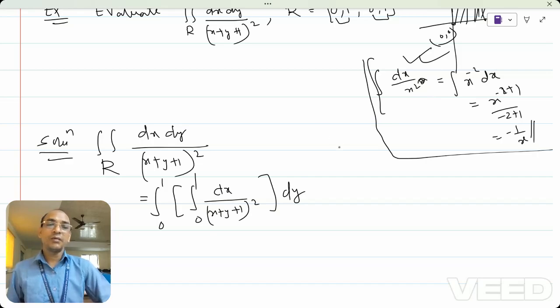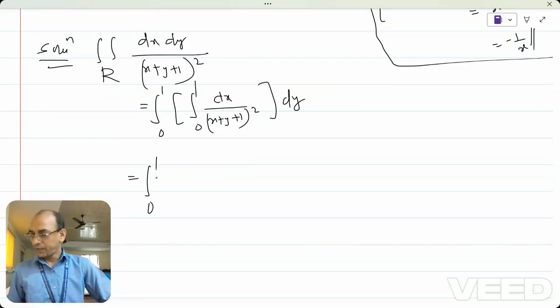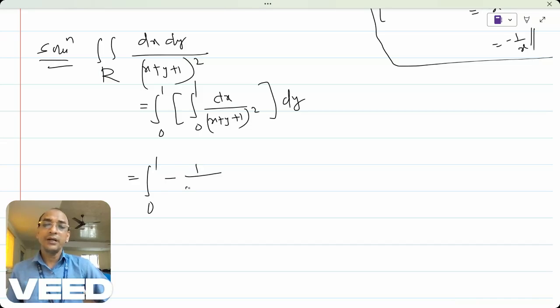In place of x I have (x plus y plus 1) whole square. So what is the integration of that one? That will be the integral from 0 to 1 of minus 1 by (x plus y plus 1).